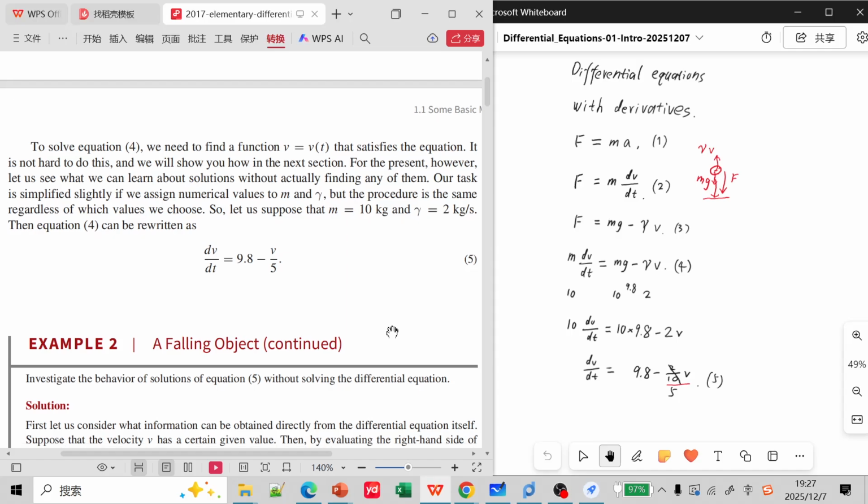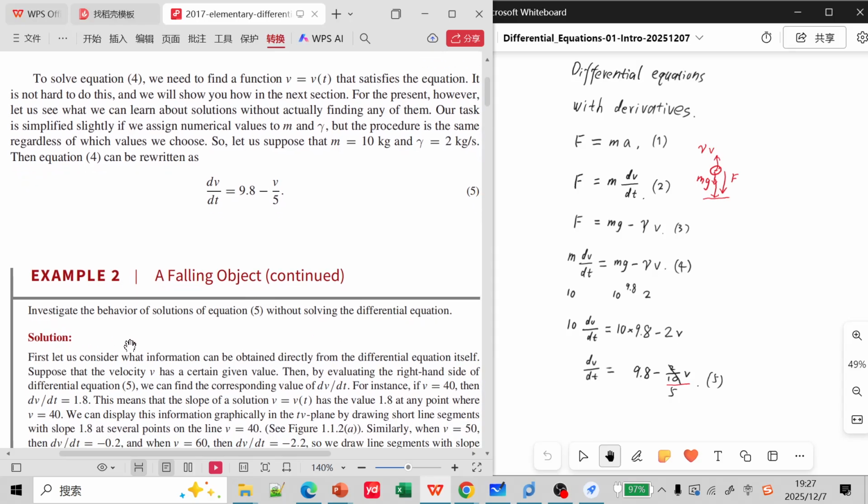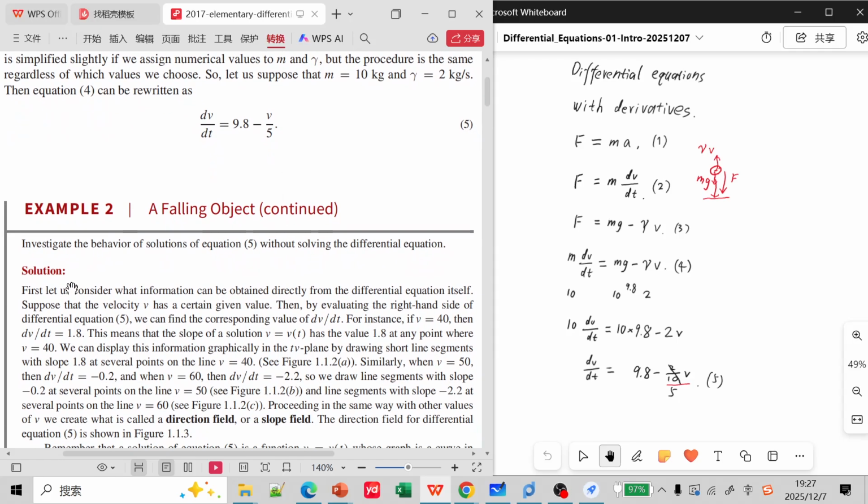Okay, now let's continue. Example 2, a falling object, continued. Investigate the behavior of solutions of equation 5 without solving the differential equation. Solution. First, let us consider what information can be obtained directly from the differential equation itself.